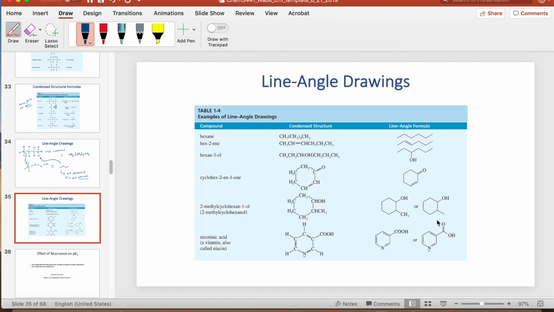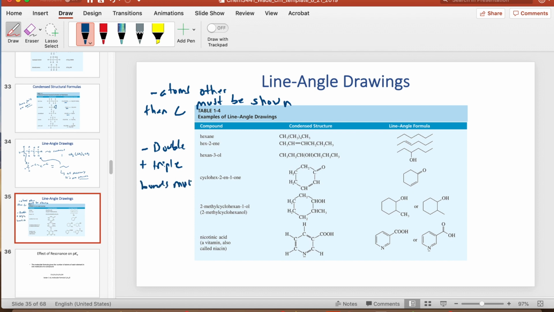A couple of things I want to point out. Notice what's depicted here: atoms other than carbon must be shown, and of course double and triple bonds must also be shown.